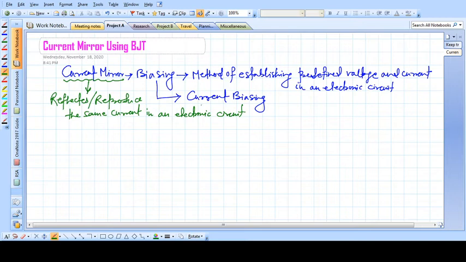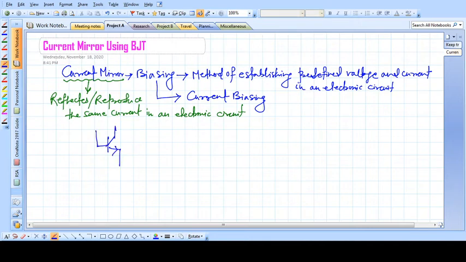Okay, so now we have to think about the current mirror based on BJT. The very simple example for the current mirror based on BJT starts from a diode connected transistor. A simple transistor can be used as a diode.